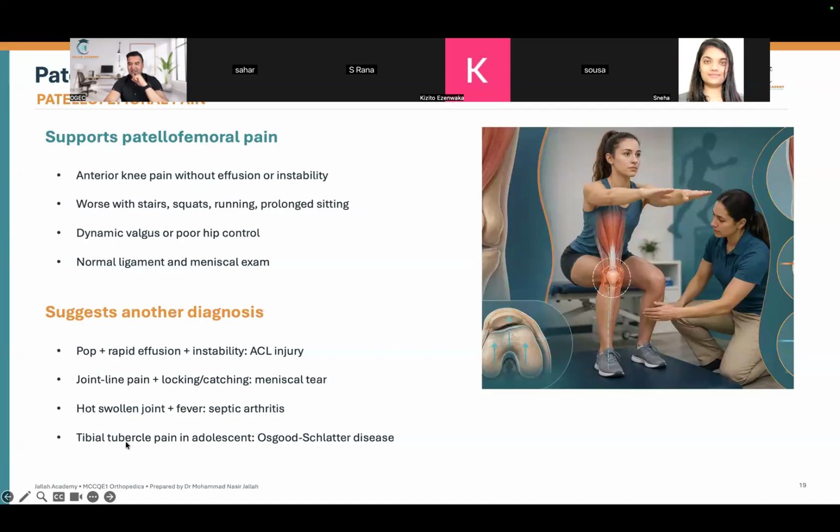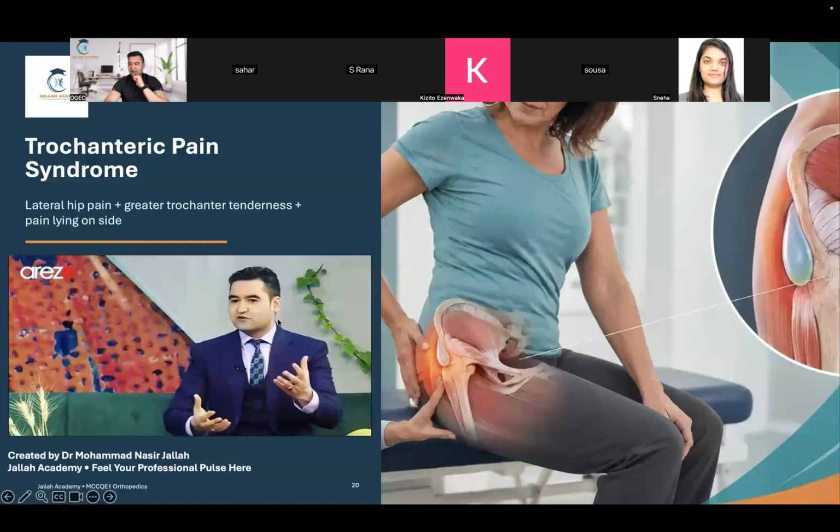Tibial tubercle is very characteristic for Osgood-Schlatter, usually pediatric, right? Joint line, meniscus. Anterior knee, patellofemoral. Good. What else? I think we covered all that.